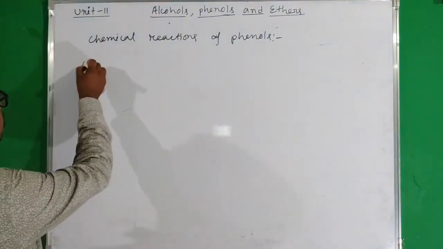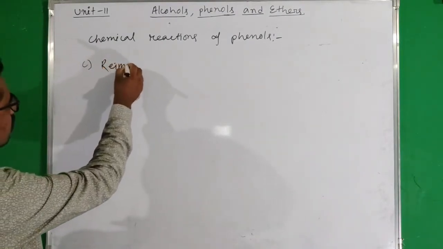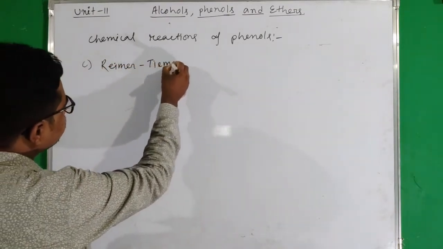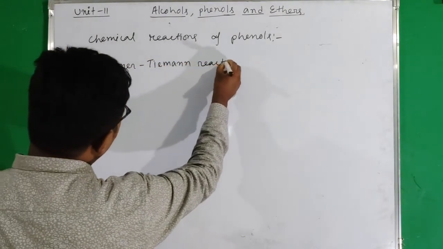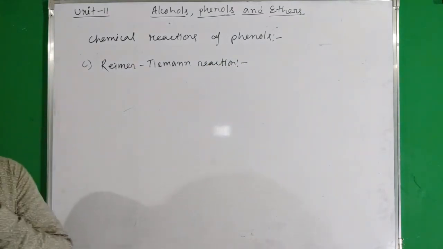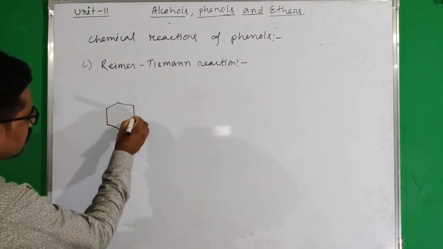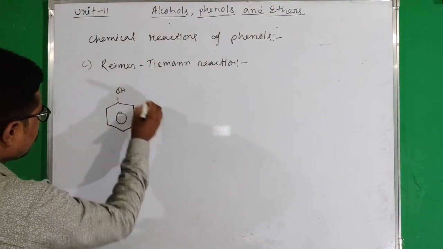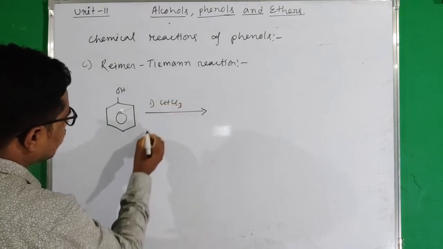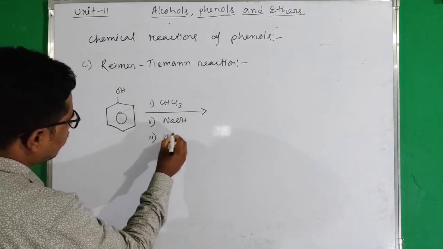So our heading is number C, Reimer-Tiemann reaction. Reimer-Tiemann reaction, and in this reaction phenol is treated with chloroform, CHCl3, and then sodium hydroxide, and after that with an acid.